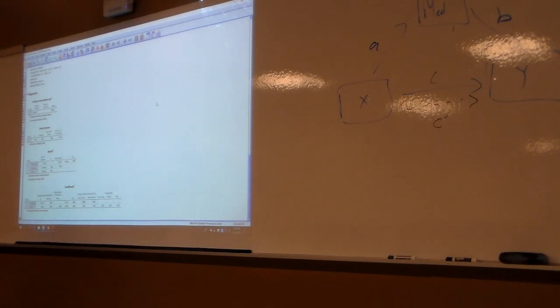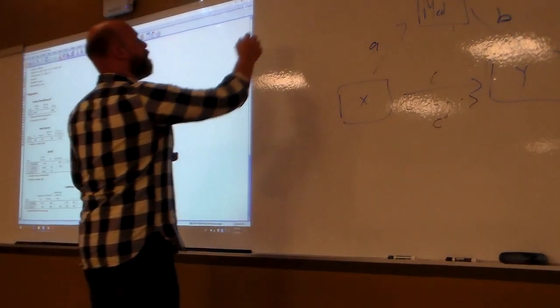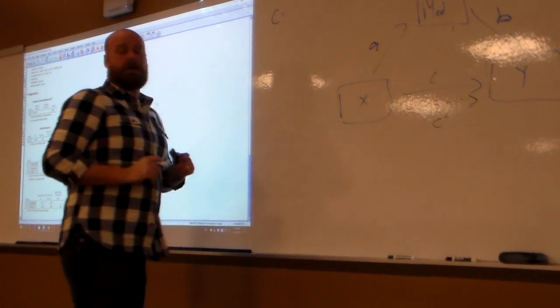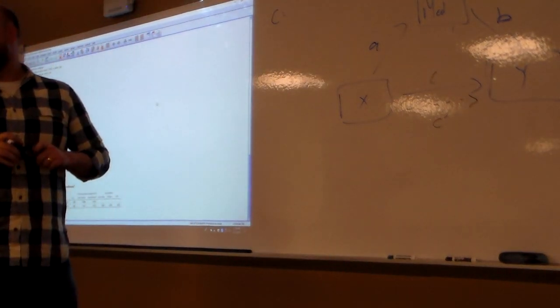C, okay? So I've gone through and I see that, yes, X is related to Y. My unstandardized coefficient is negative 0.030, and it's statistically significant. What is it? 0.091.